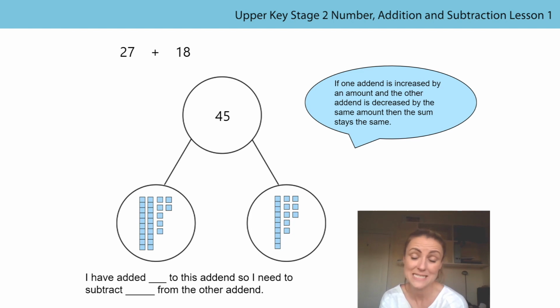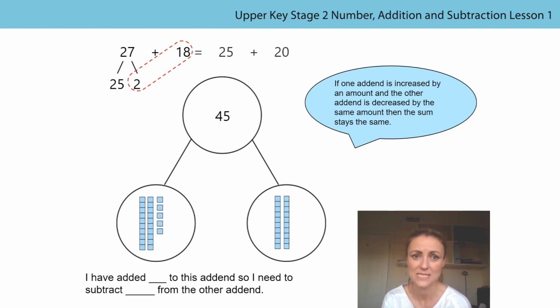So if 27 is going to be decreased by 2, then I'm going to partition 27 into 25 and 2 in order that I can redistribute that 2 to my other addend of 18. And watch my animation now. I'm going to move that 2 over to the other addend. And that is going to give me a redistribution.